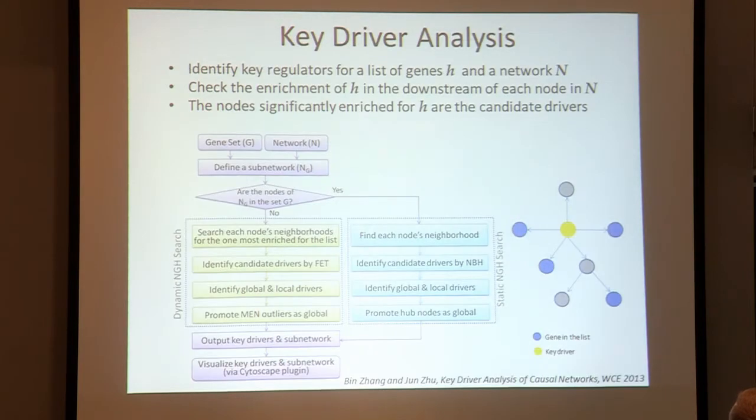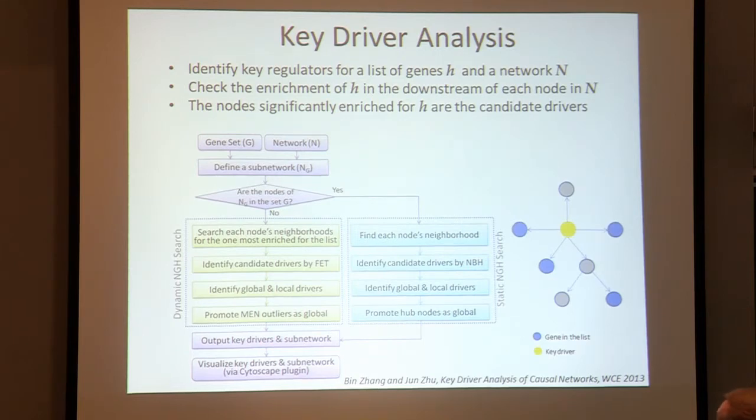So we developed a formal integration method called key driver analysis to integrate networks, but in a more general form. The input is not necessarily from gene co-expression networks; it can be any gene set.